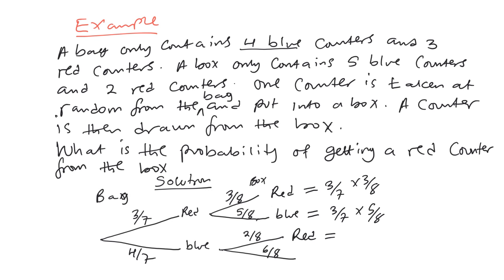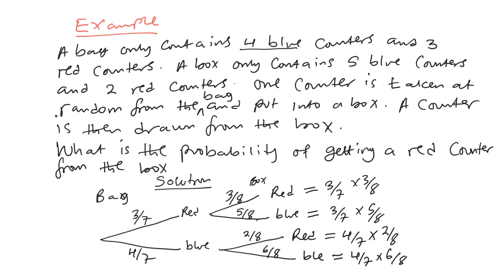This is going to be 4 over 7 times 2 over 8. And if we pick a blue, what we picked from the bag was blue, and this is 4 over 7 times 6 out of 8.